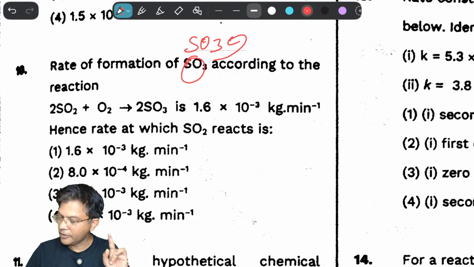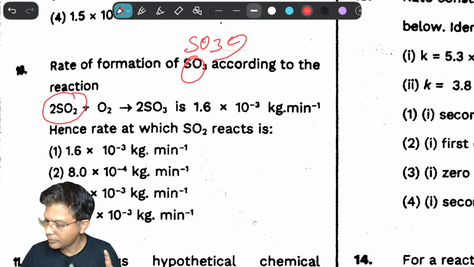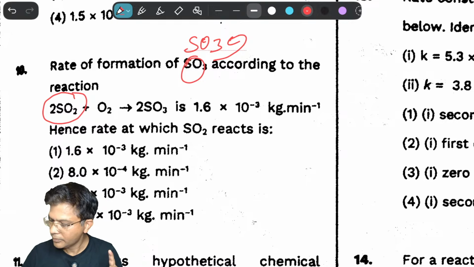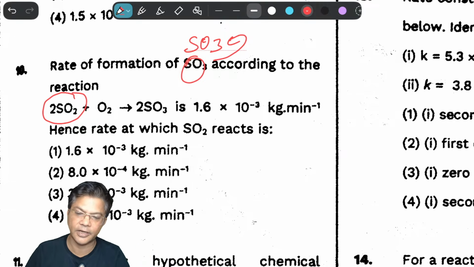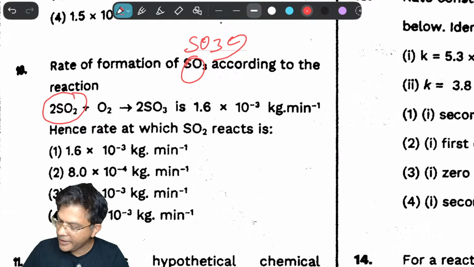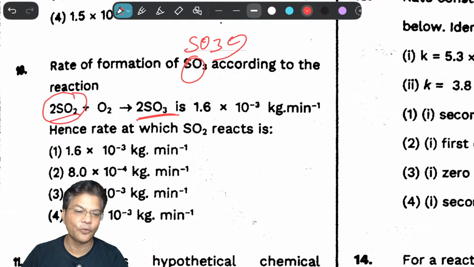Now see, in this question there are 2 moles of SO2, and there is also 2. So what should be the answer, kids? Some are going for 2, some are going for 1. What should be the correct answer?